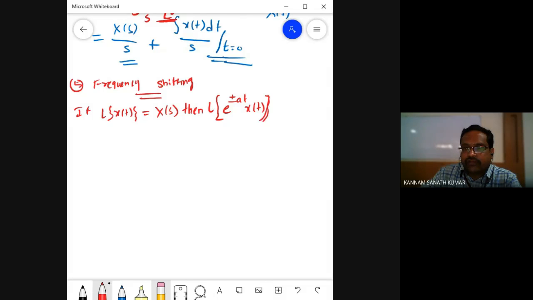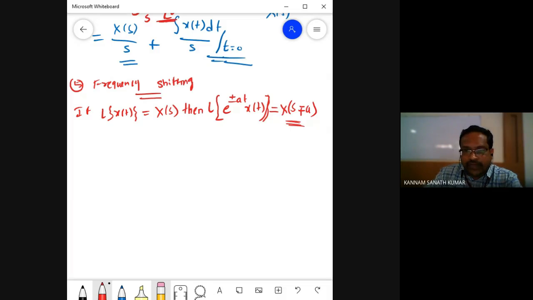If you multiply the time domain signal with e power plus or minus at, which is an exponential signal, you will get the reverse. Here plus or minus a is there, no? So after transforming, you are getting x of s minus plus a.